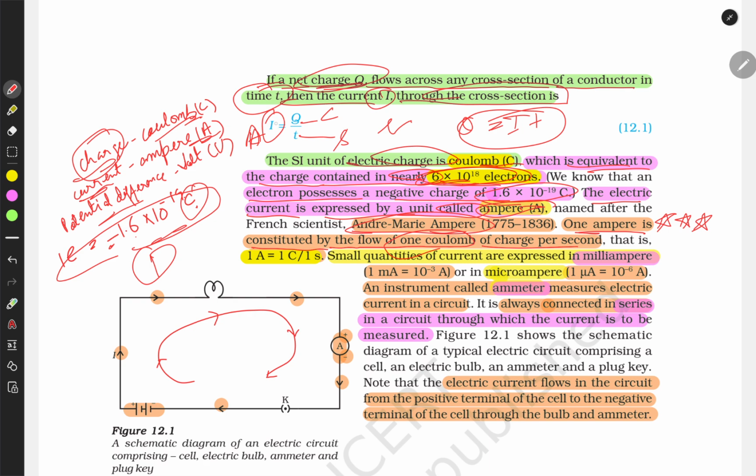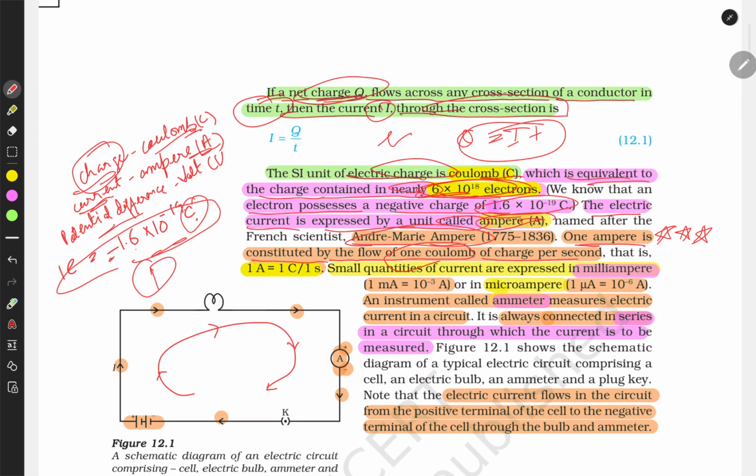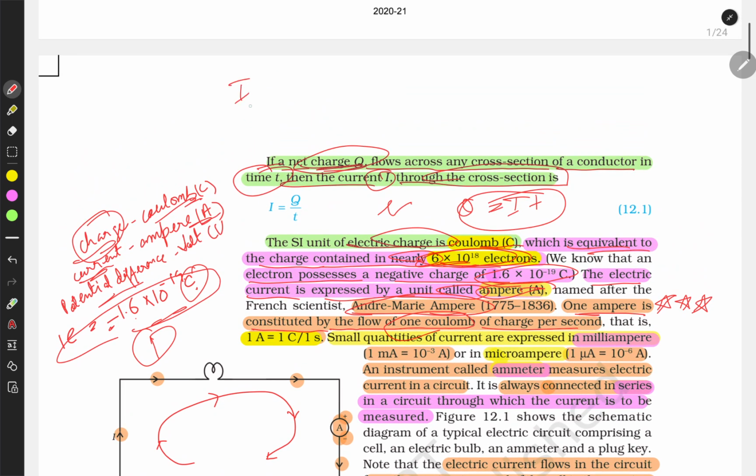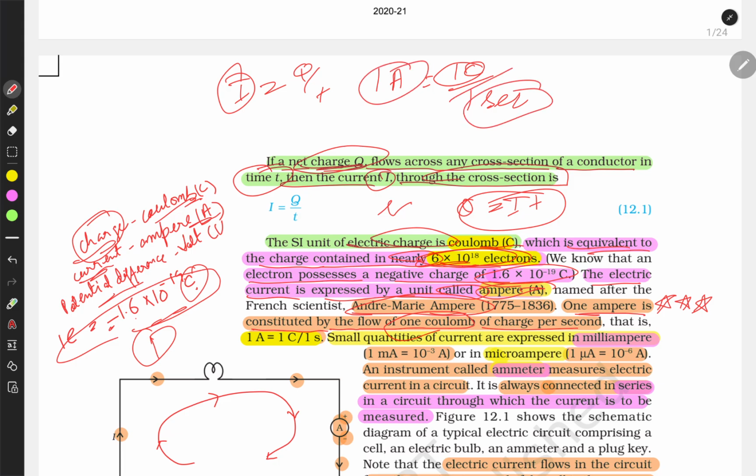The current will be q upon t, so it is expressed in ampere. So 1 ampere will be 1 coulomb upon 1 second. The flow of 1 coulomb charge per second is equal to 1 ampere of current.